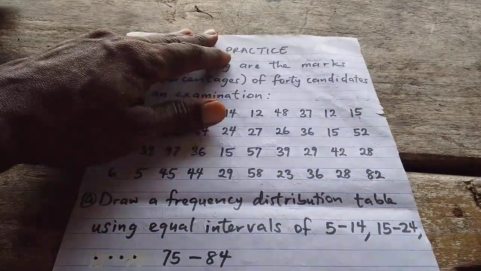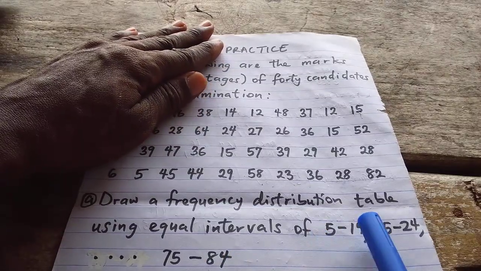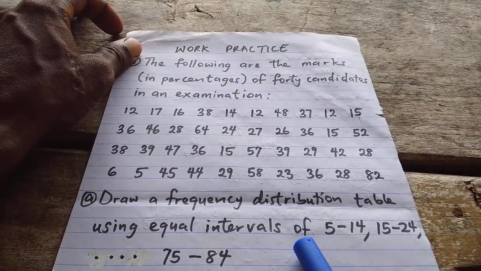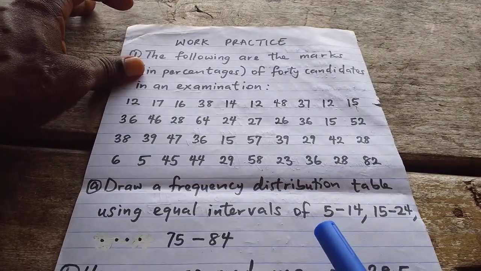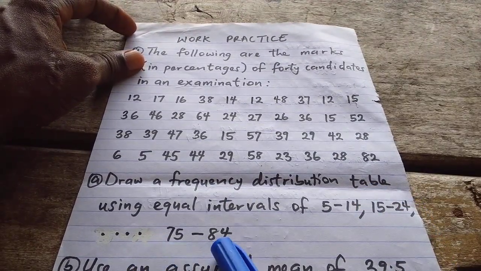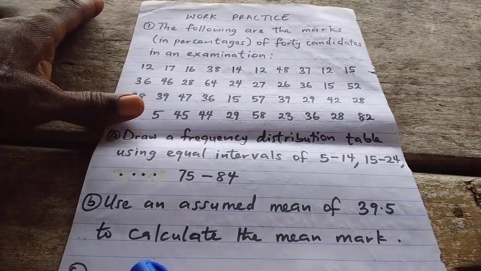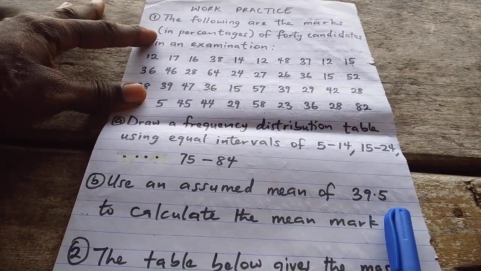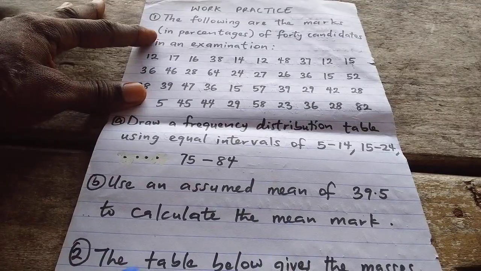So A, draw a frequency distribution table using equal intervals of 5 to 14, 15 to 24, and so on till you get to 75 to 84. Then B, use an assumed mean of 39.5 to calculate the mean.